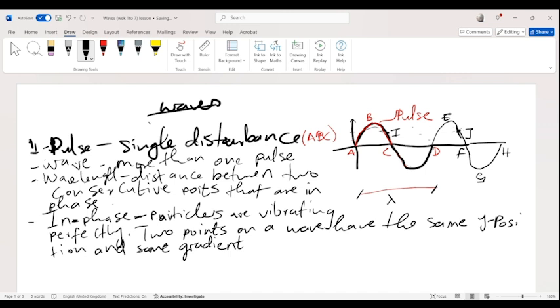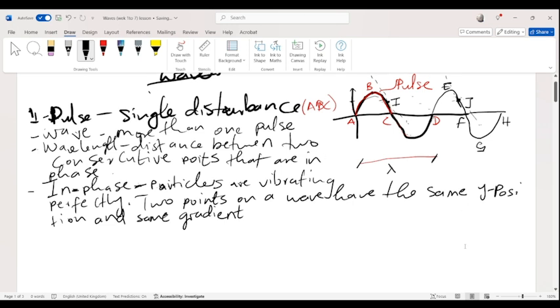Yes. If you draw a straight line, it is going to cut the same y value. But are they resting on the same slope? The answer is yes. So I and J are in phase.